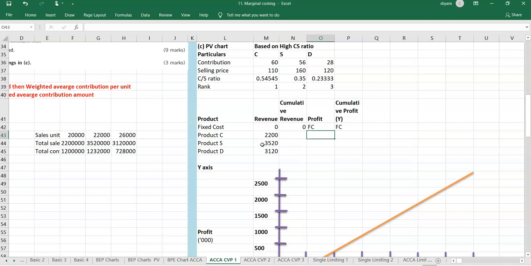Then we'll take the contribution. So this is the contribution here.